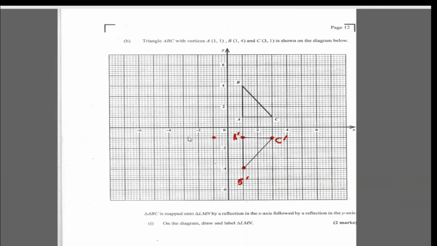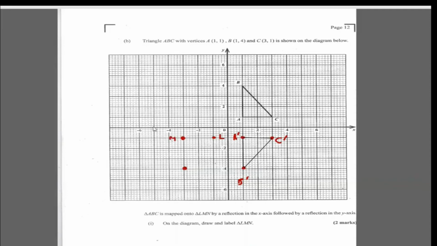So this is where C prime prime is going to be, and this is where B prime prime is going to be. In this case, they don't call it A prime prime. They call it L, M, and N.